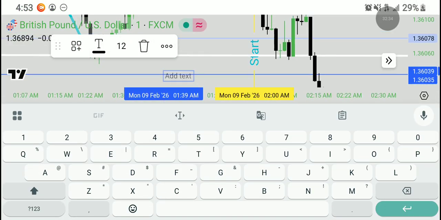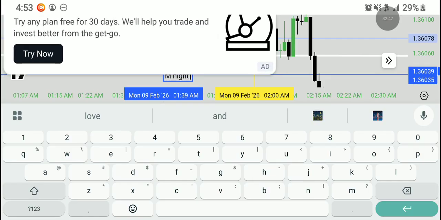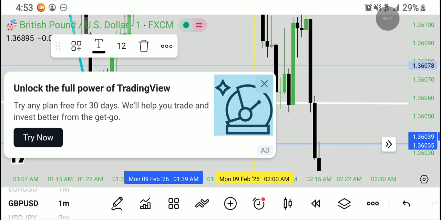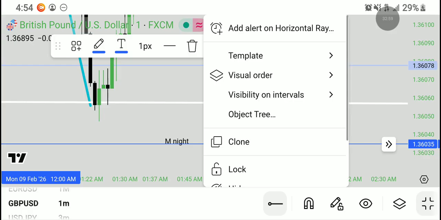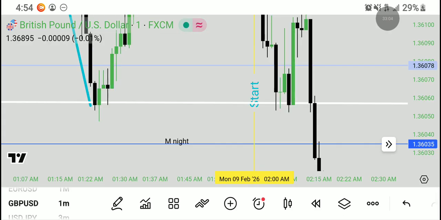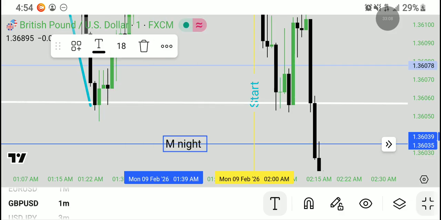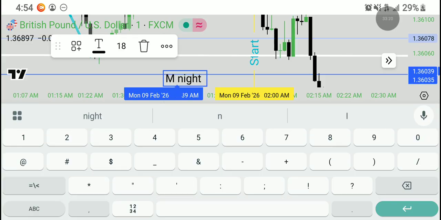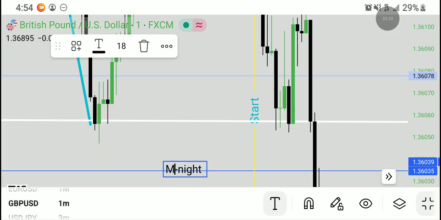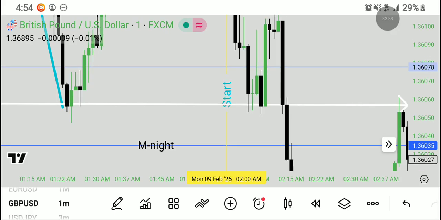You understand? You can see it, the midnight candle.